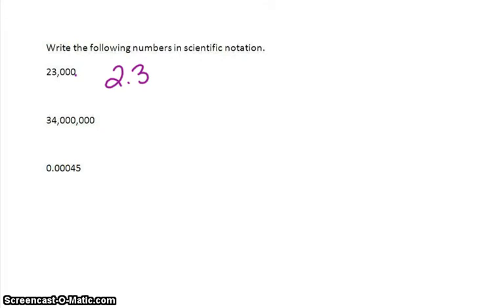How many times did I move it? Well, I moved it 1, 2, 3, 4 times. So that's our number in scientific notation. If I multiply 2.3 times 10 to the 4th, which is really 10,000, I'll be back to 23,000.